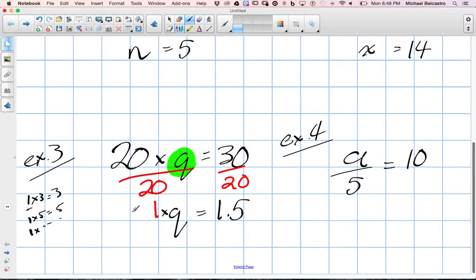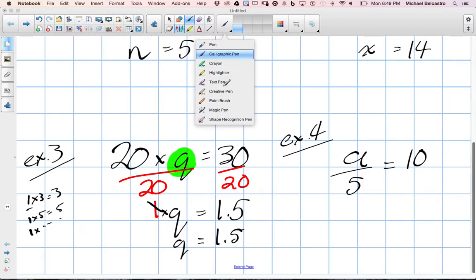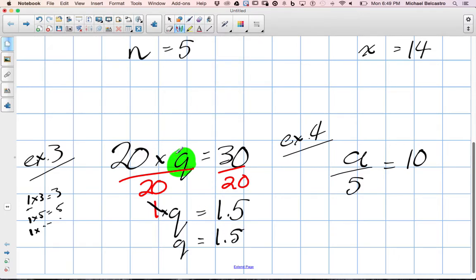Apple. Exactly. So what would 1 times q be? Q. So we can kind of drop that 1. A lot of times they say canceling out, but we don't need it. So in other words, q is equal to 1.5. So just like before, if I replaced q with 1.5, 20 times 1.5 would equal 30. So this is how we would isolate it.